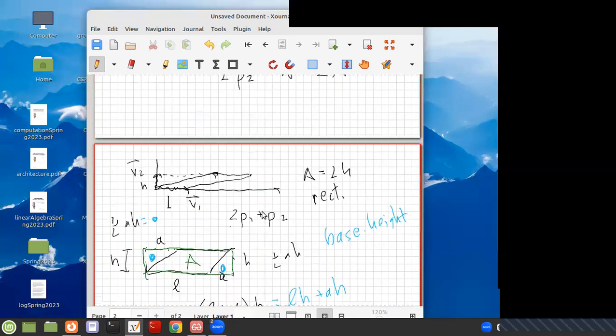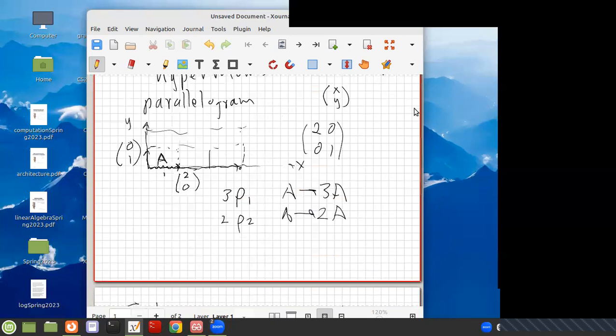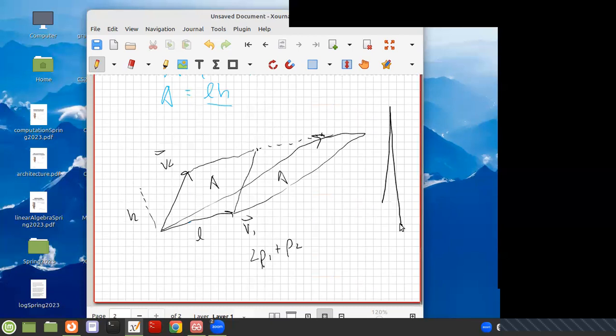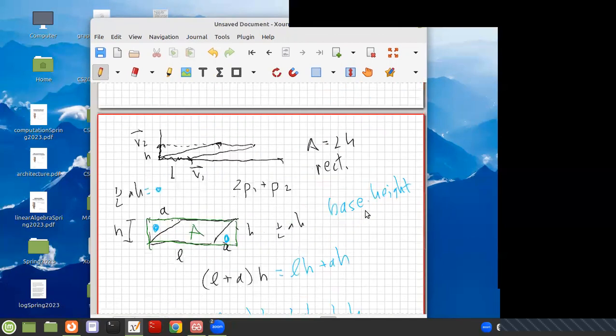So we can see that a parallelogram has a nice structure if I change the coordinates of the edges of the two vectors.